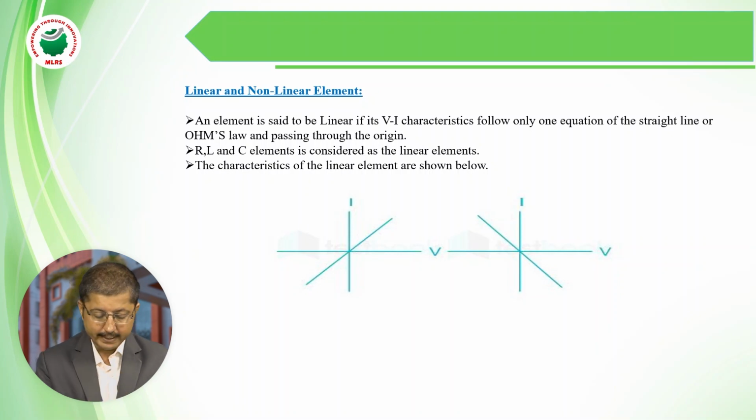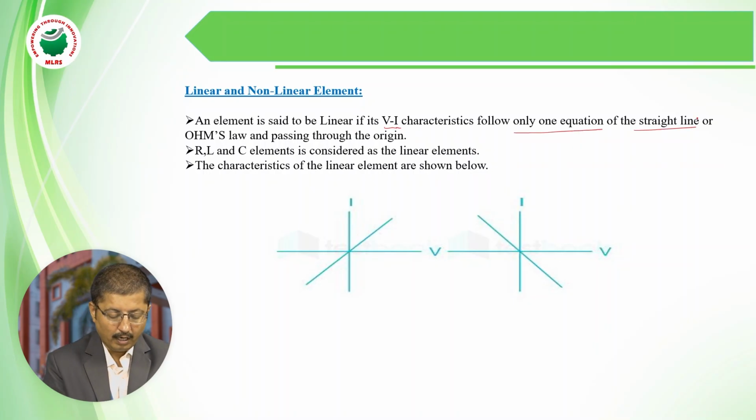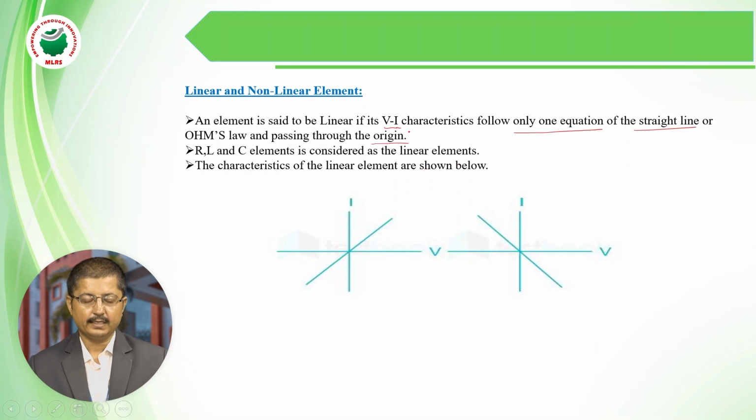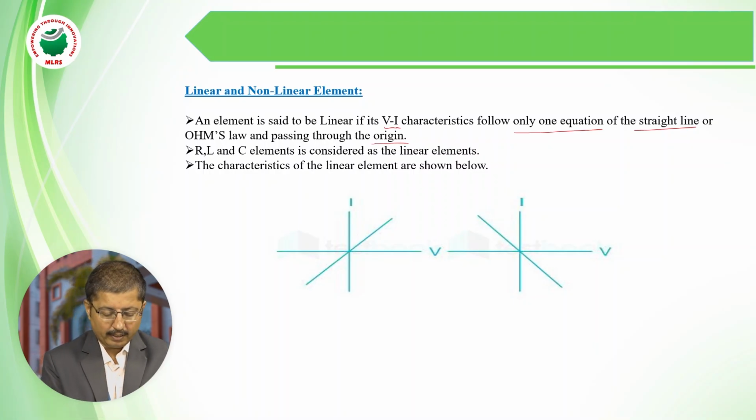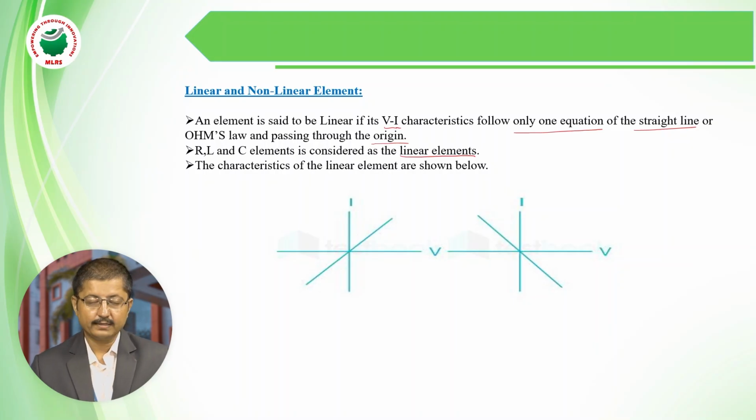According to the definition, an element is said to be linear if its VI, that is volt-ampere, characteristics follow only one equation of a straight line, or Ohm's law, and pass through the origin. Examples of linear elements are resistor, inductor and capacitor. If they follow only one equation, follow Ohm's law and pass through the origin, then we can say the element is linear.